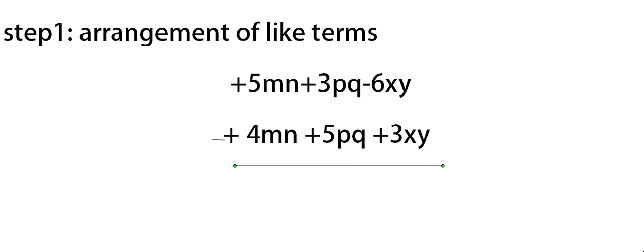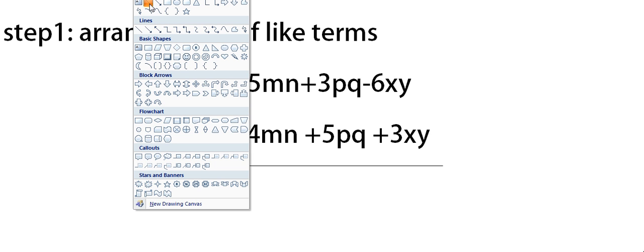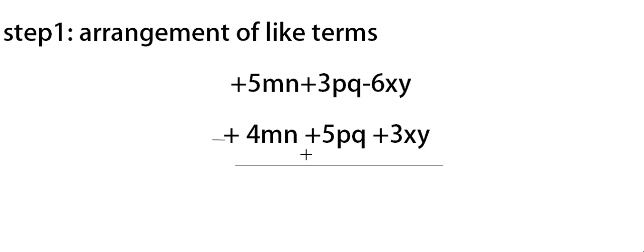In the second expression, the sign of each term will be reversed. The first term is plus 4mn, so that will become minus 4mn. So write minus just below the plus, in a small bracket.